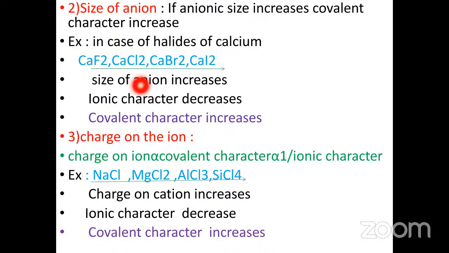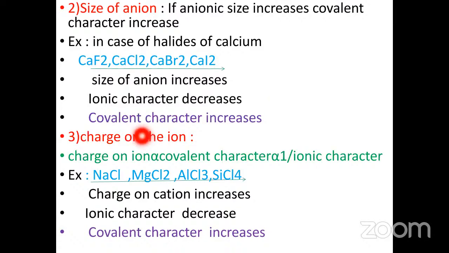So the sizes of anions are increasing. What happens? As the size of anion increases, the ionic character decreases. Whenever the size of anion increases, the covalent character increases because the anion size is directly proportional to the covalent character. Whenever the size of ion increases, the covalent character increases.